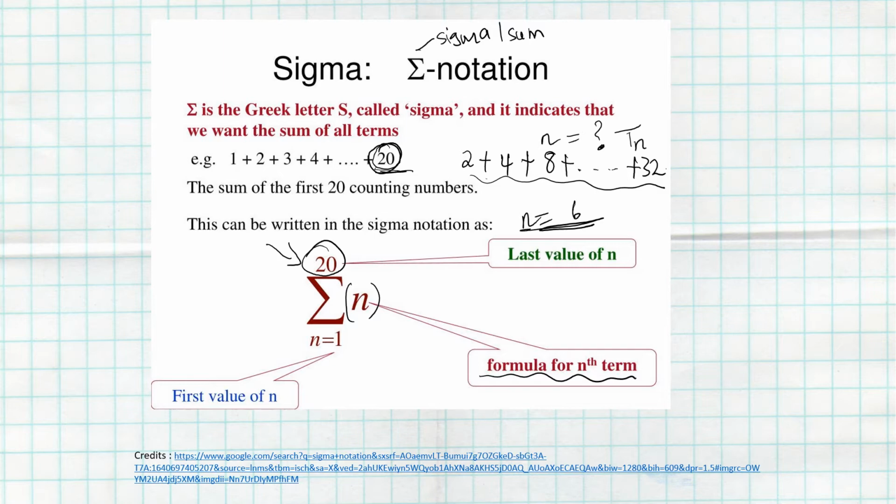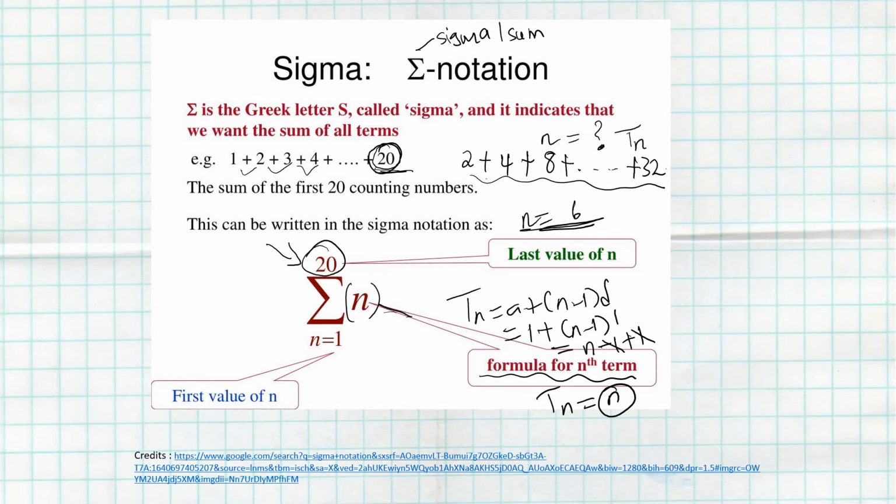So here n is the general formula. If you calculate the general formula for this arithmetic series, you'll find that it's n, because tn equals a plus n minus 1 times d. Our a is 1, and our common difference is 1. So when you multiply those out, n minus 1 plus 1, the 1s cancel, so you get tn equals n.